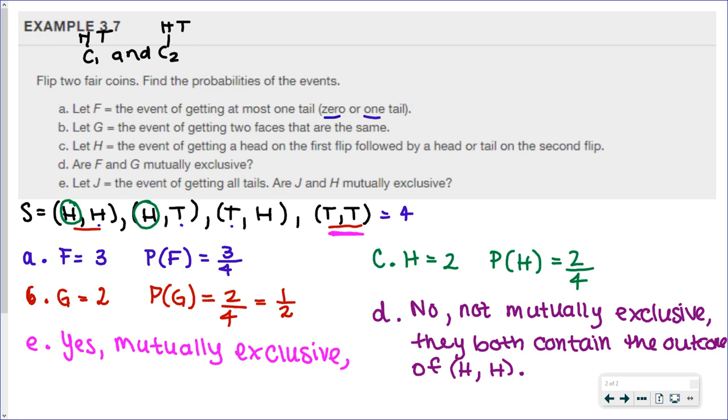This is because they share no common outcomes. And that's it. We have answered all questions A through E.